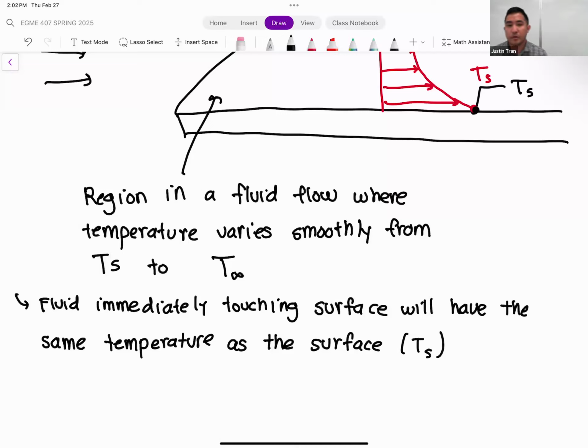So it's the exact same as in the momentum boundary layer. Okay. So fluid immediately touching the surface has to have the same condition: momentum, temperature, thermal, all the same. Right. Okay. So just like we did with the velocity boundary layer, let's look at this layer by layer. So let's look at the next layer immediately above the surface.